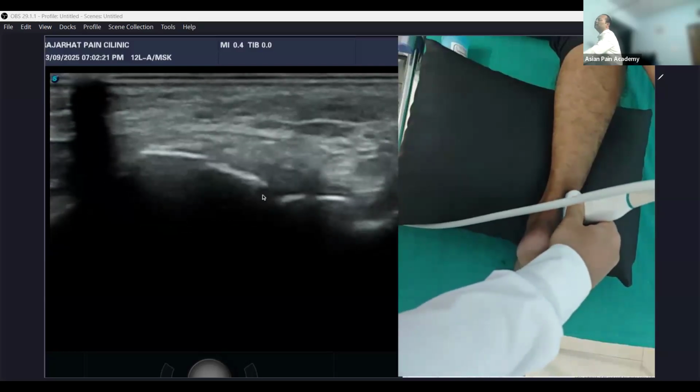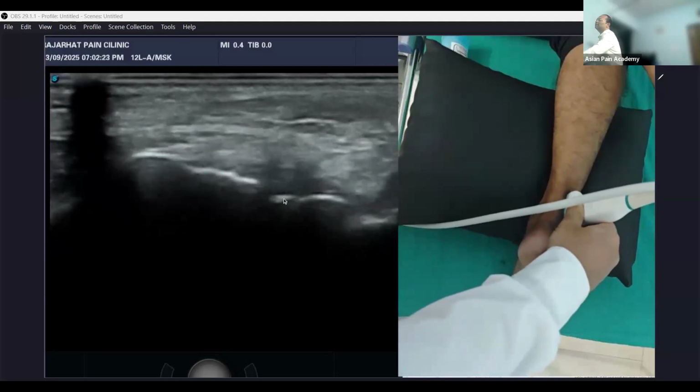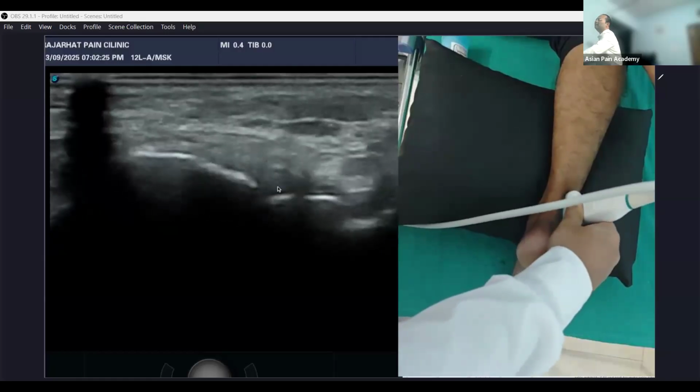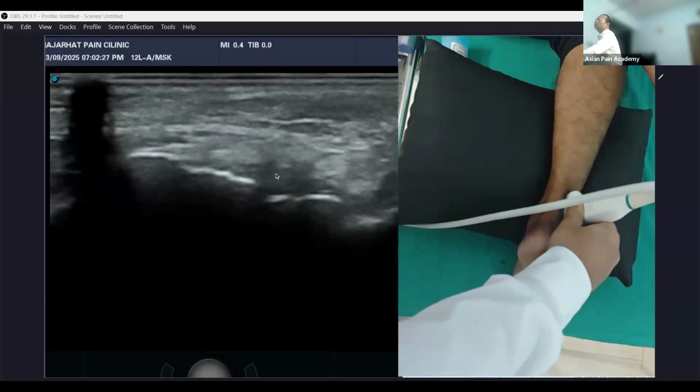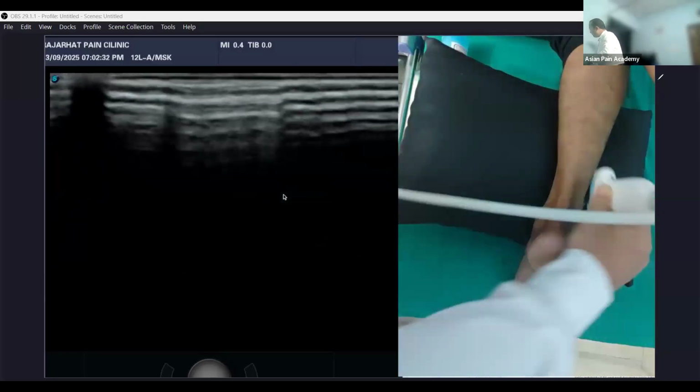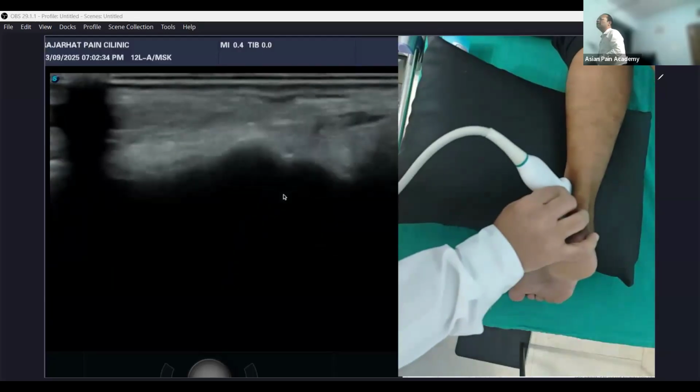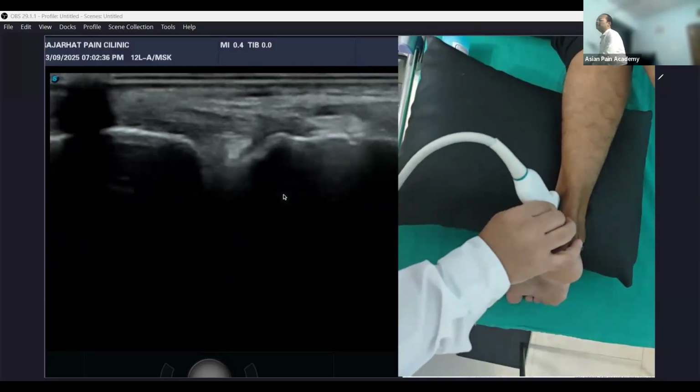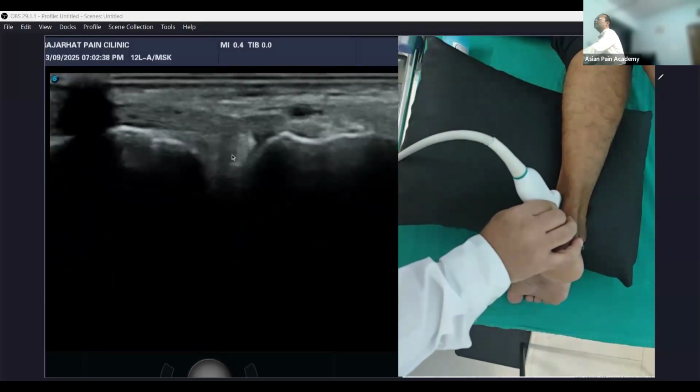When we see the posterior joint recess here also we can find if there is too much fluid in the lateral side tibio-talar joint, but mostly for seeing the posterior joint recess we will see from the medial side.